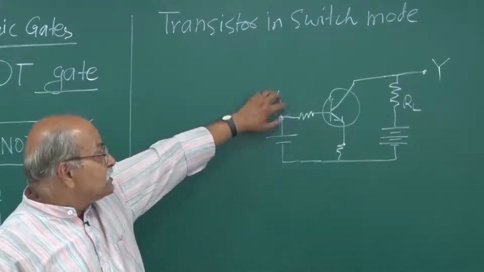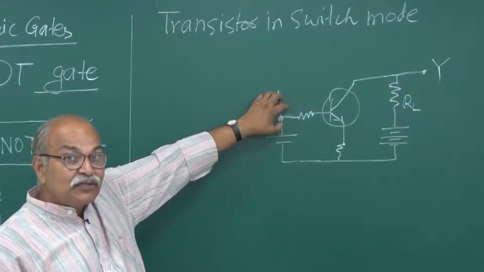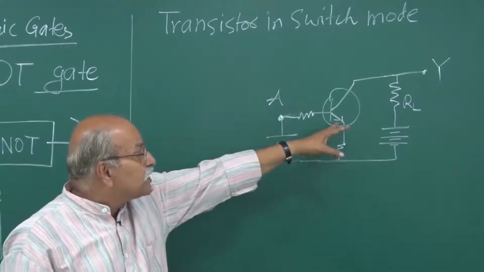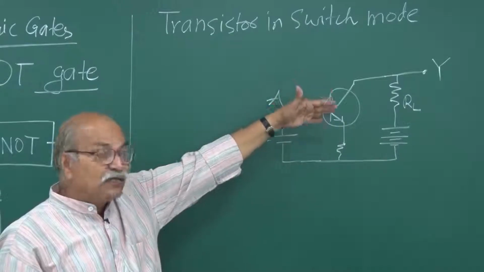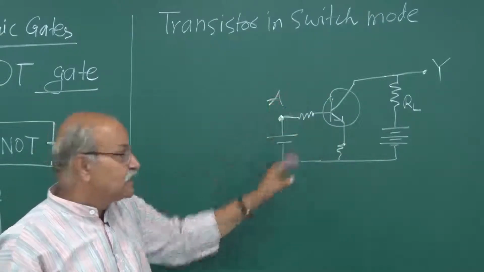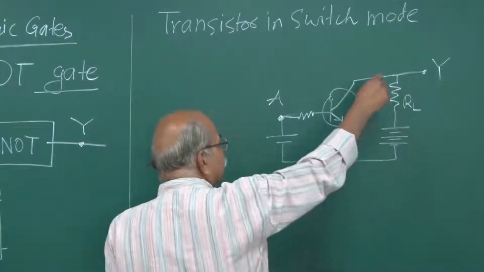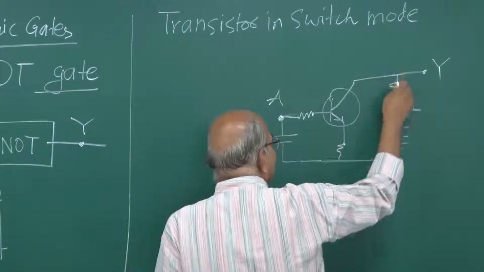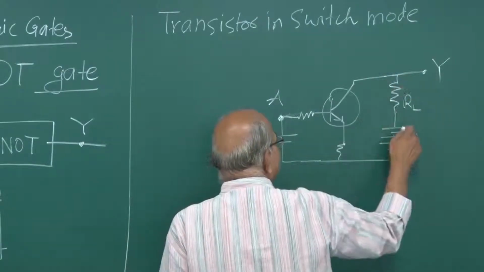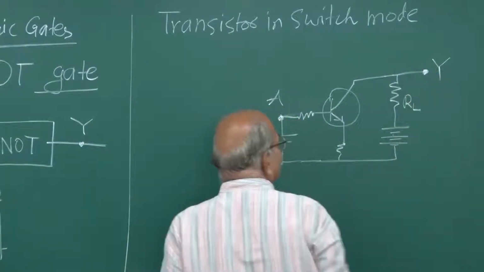If sufficient voltage is given here so that you have driven the transistor in saturation mode, then the maximum possible current can go in that configuration, and you have a potential drop here, and therefore this potential is low.